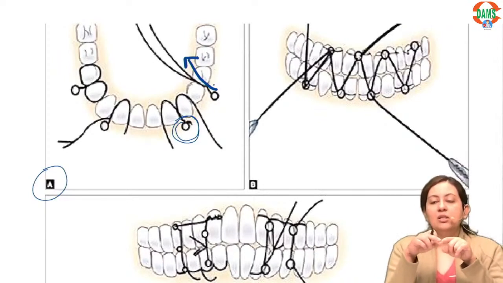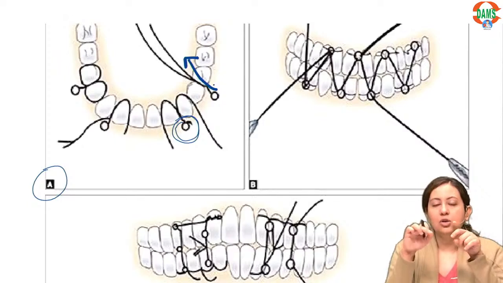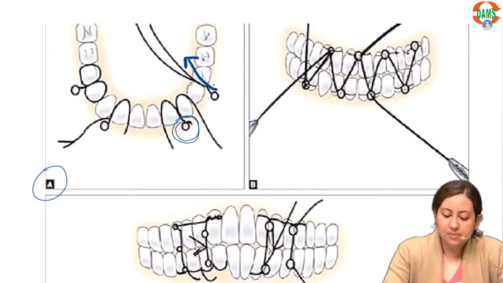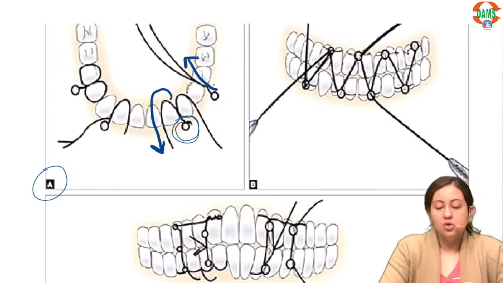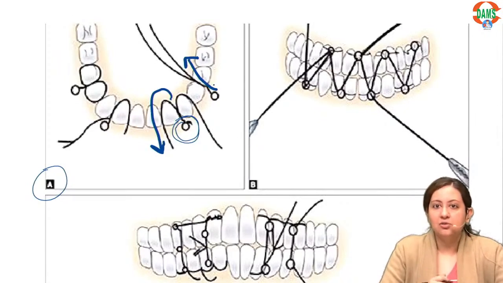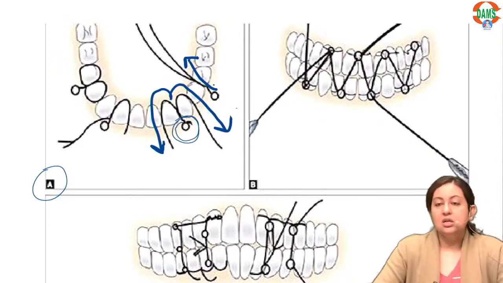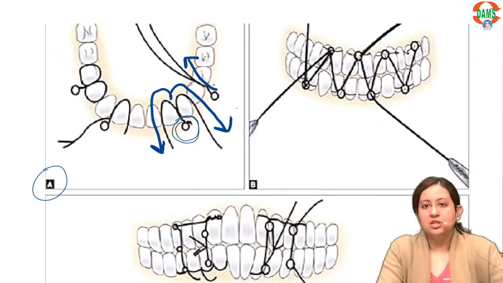Then you take the two wires, rotate them back, and you get out the wire from the medial aspect of the anterior tooth and the distal aspect of the posterior tooth.